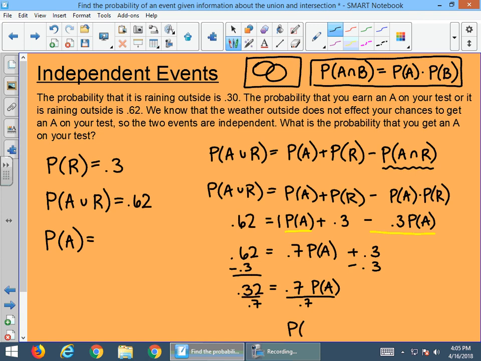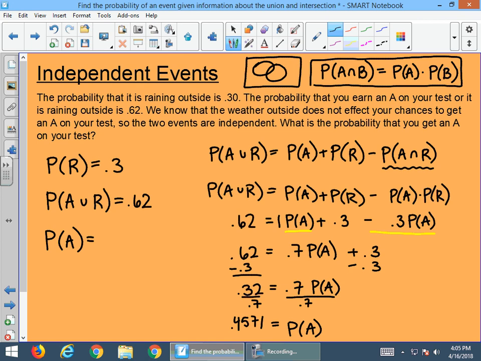And the probability of A is going to equal 0.32 divided by 0.7. And according to my trusty calculator, that probability is about 0.4571.